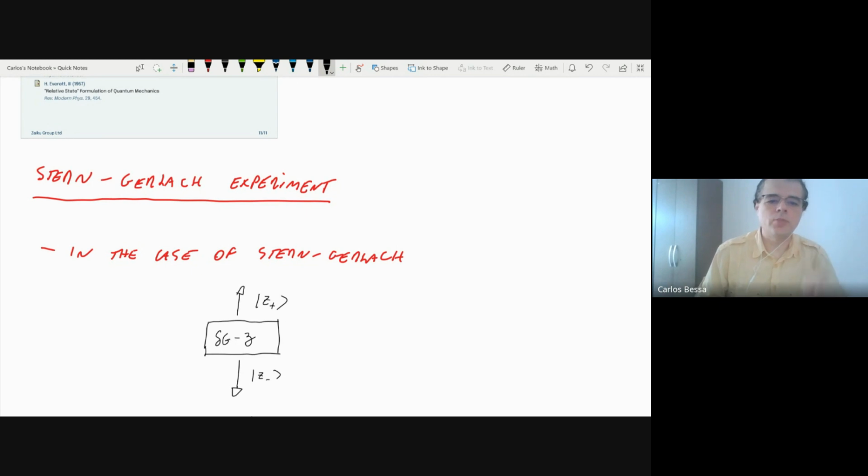And the operator associated with this I'll call S_z, and applied to z plus this gives me h bar over 2 times z plus. And S_z applied to z minus gives me minus h bar over 2 times z minus.